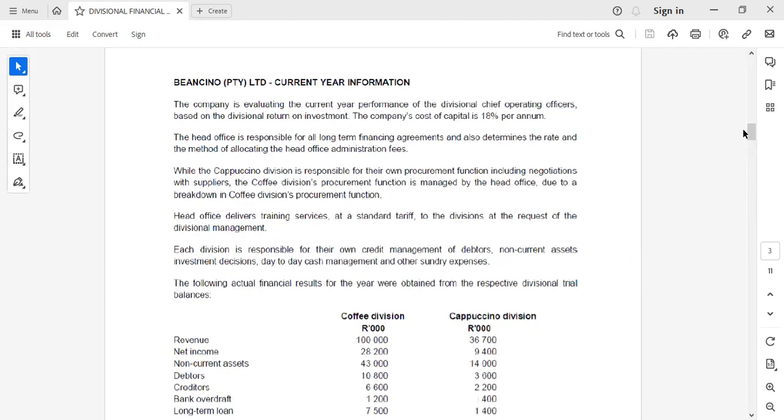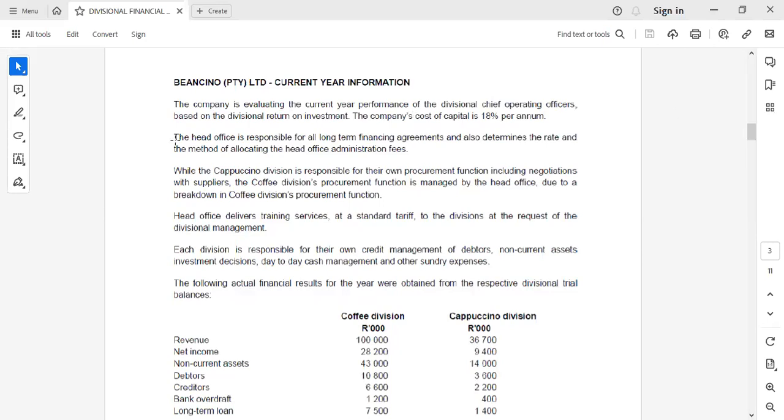The company is evaluating the current year performance of the divisional chief operating officers based on the division's return on investment. The company's cost of capital is 18% per annum. This is what we're going to use to determine the cost of the controllable investment. This is where I want us to move together, my friends.